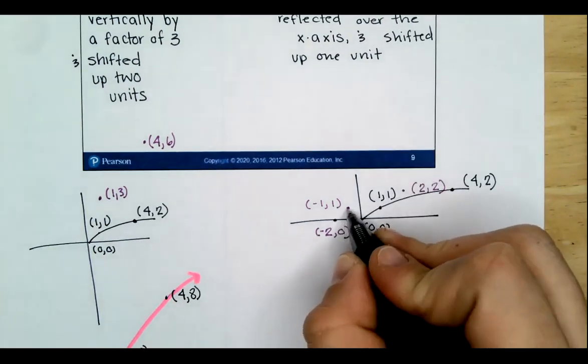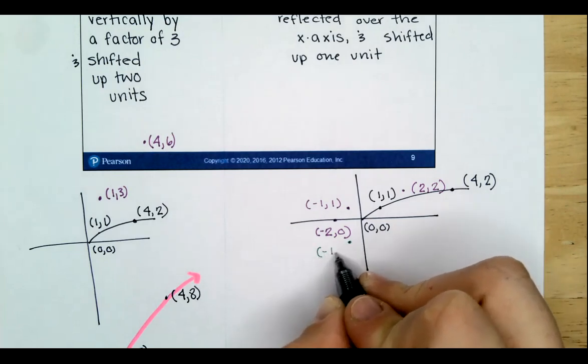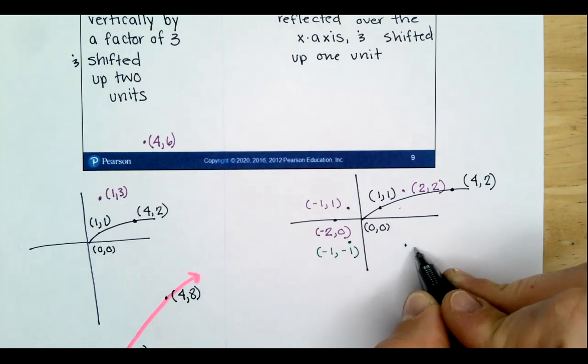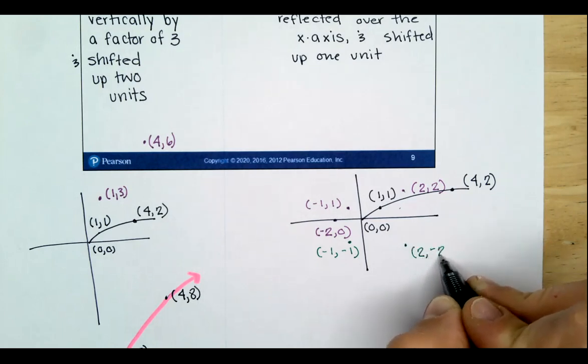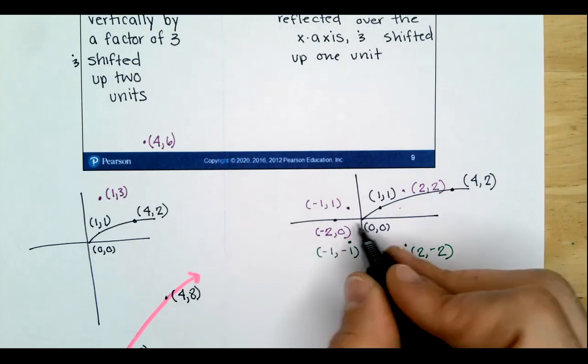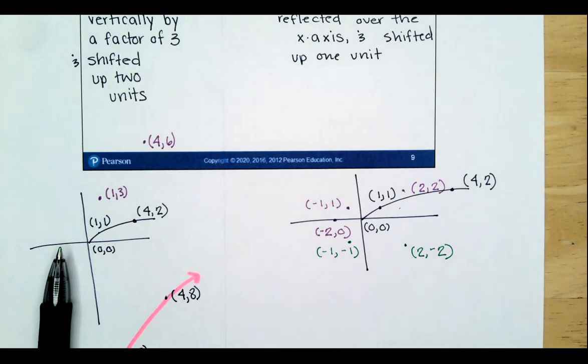So from (-2, 0), (-1, 1) becomes (-1, -1), (2, 2) becomes (2, -2), so that I can reflect it across the x-axis, and then shift it up 1 unit. So my final step is to move it up 1 unit.